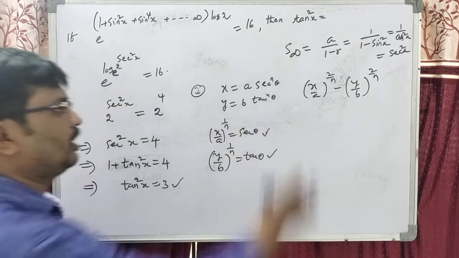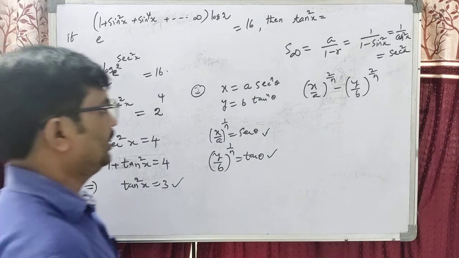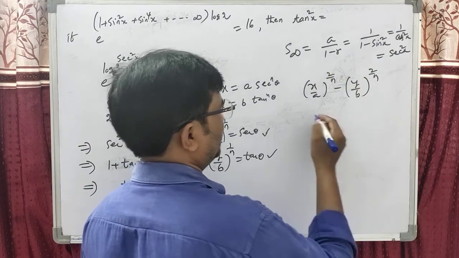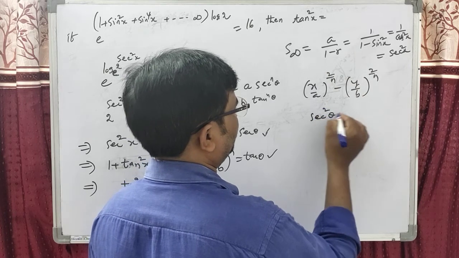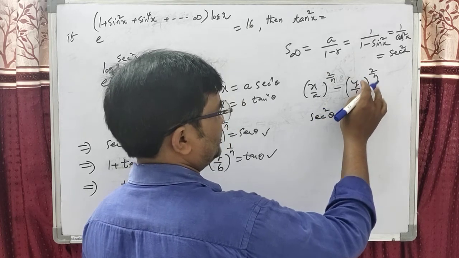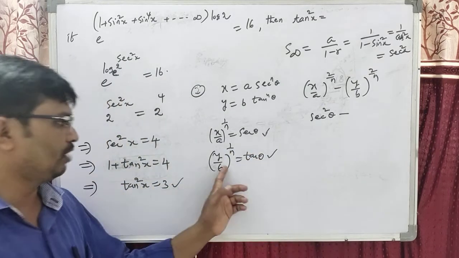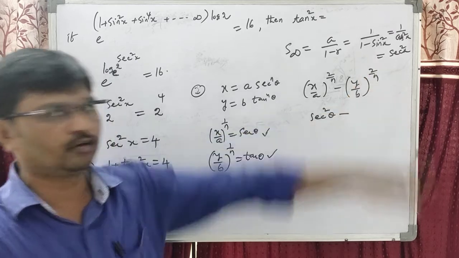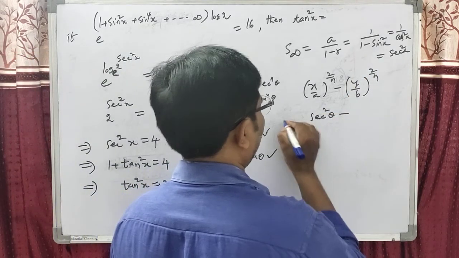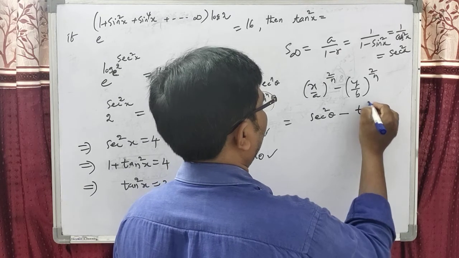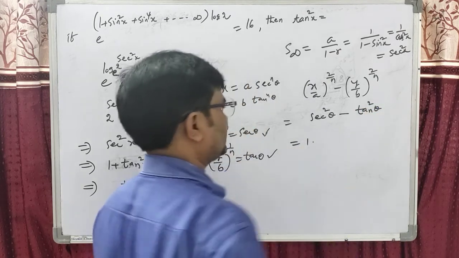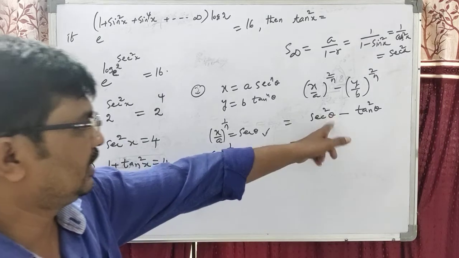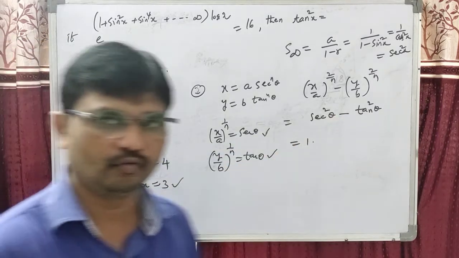Substituting these two, when we take x by a whole power 1 by n whole square, this is nothing but secant square theta. And y by b whole power 1 by n whole square is tan square theta. Secant square theta minus tan square theta is 1. Okay, students, what you got? Secant square minus tan square will be 1.